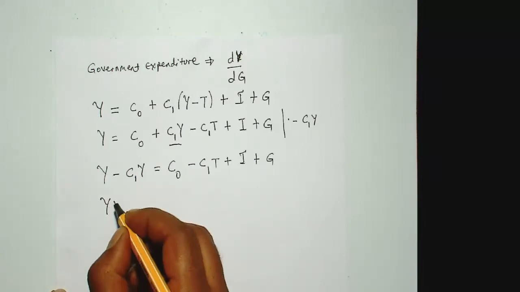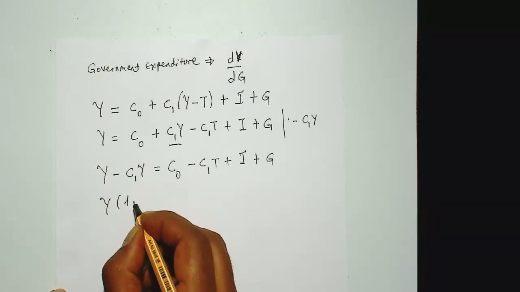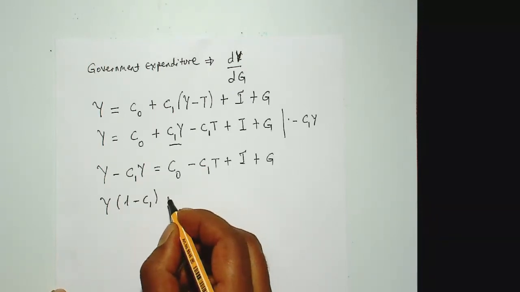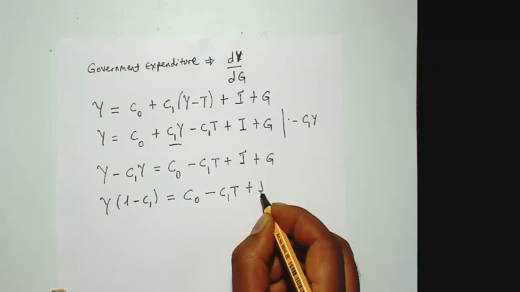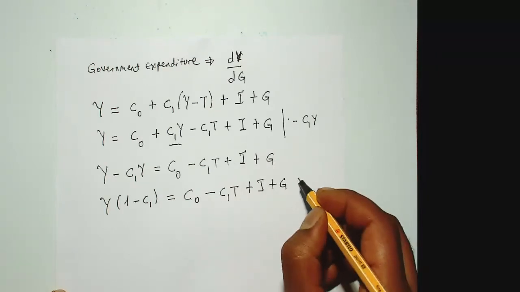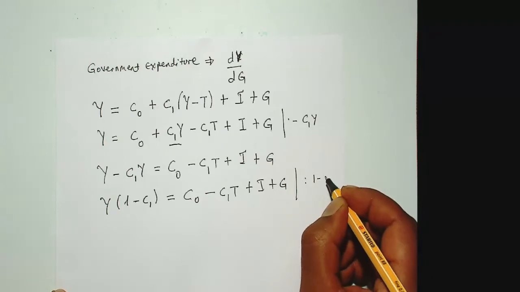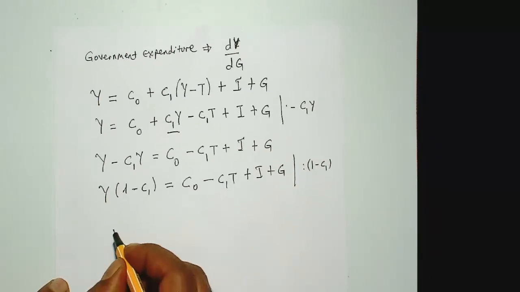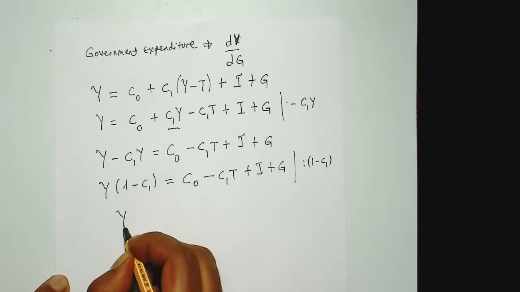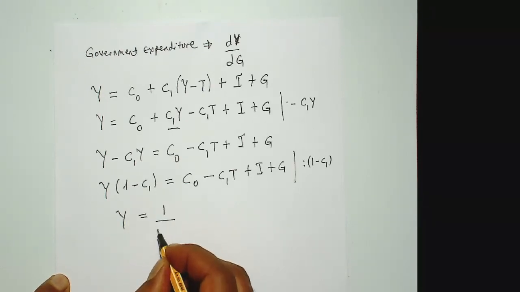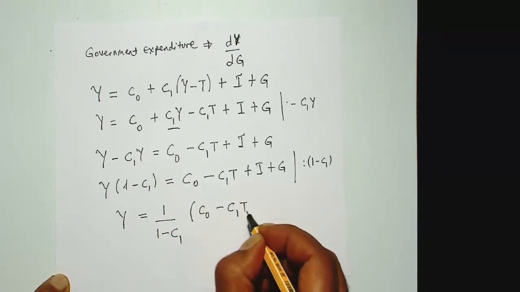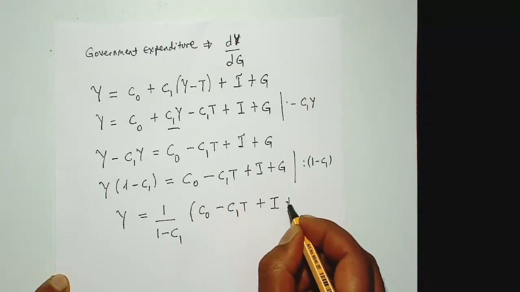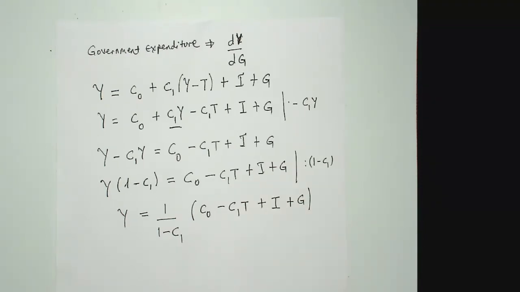Here I can take Y and open a bracket to put the term 1 minus C1. If I divide both sides by 1 minus C1, I get Y is equal to 1 over 1 minus C1, times the bracket C0 minus C1T plus investment plus government expenditure.